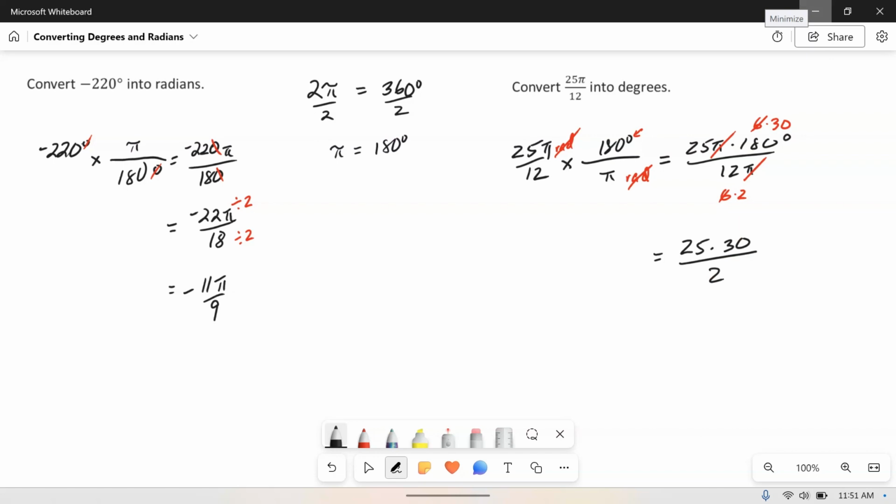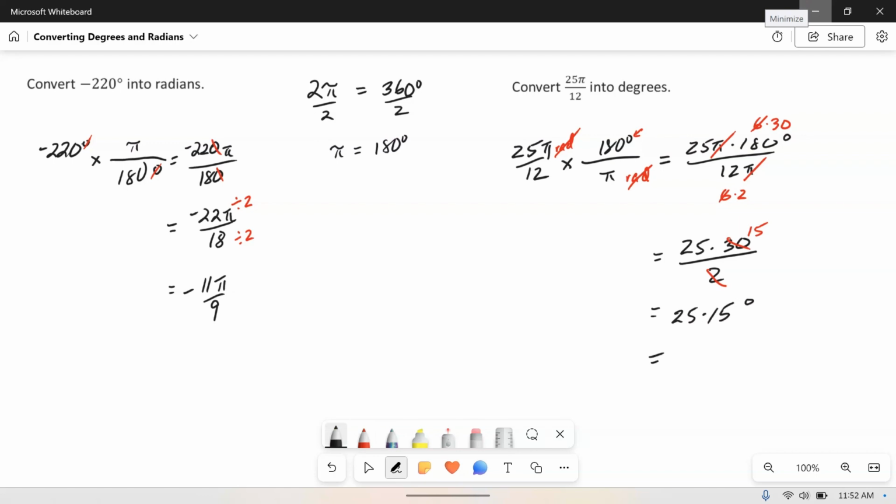And again, we already canceled out the pi's, so they're gone. So I'm left with 25 times 30 divided by 2. And I know 2 goes into 30 15 times. So I'm just left with 25 times 15.